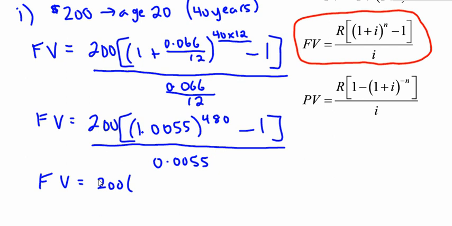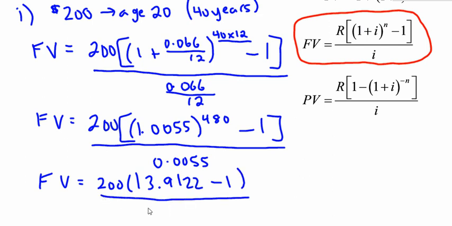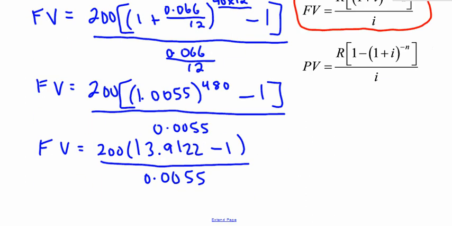Yeah, sorry, 1.0055. Boy, oh boy, that was almost an amazing investment. 13.9122. Subtract 1. I guess I could have done that. Oh well. Divide it by 0.0055. So what do we get?